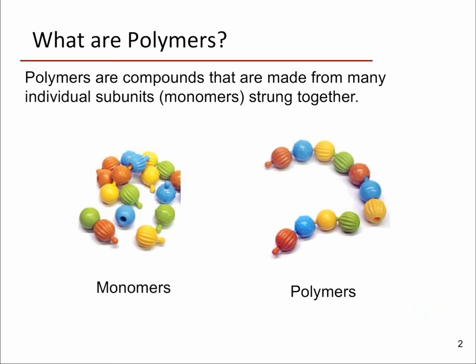So first of all, what are polymers? If you look at the word polymer, what it literally means is poly means many, and mers means parts. So polymers are molecules that are typically long chains of individual subunits that are repeated over and over again.